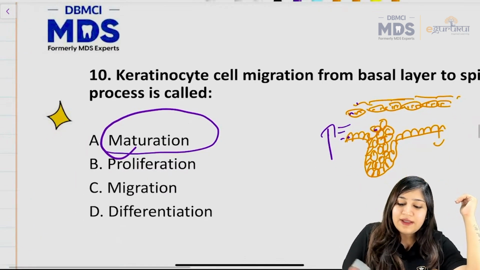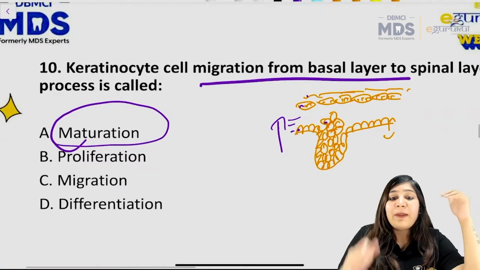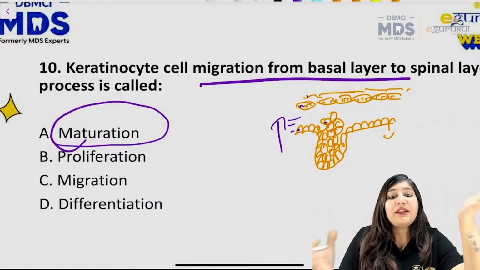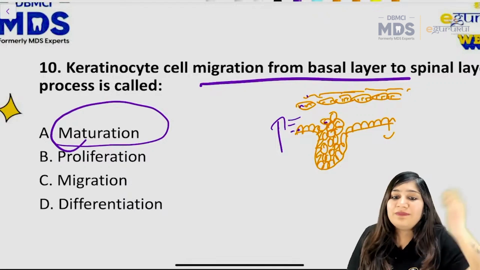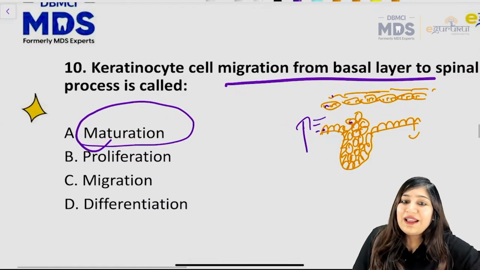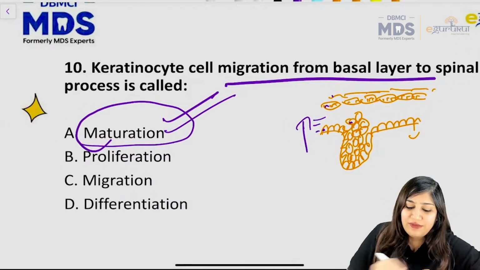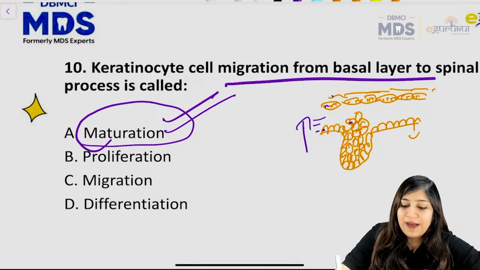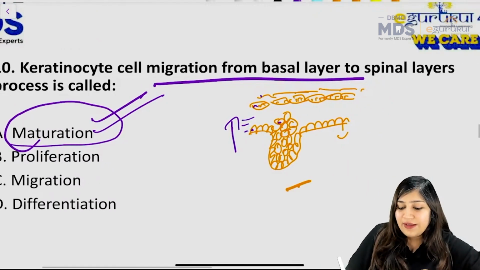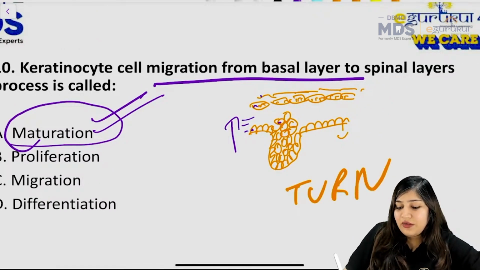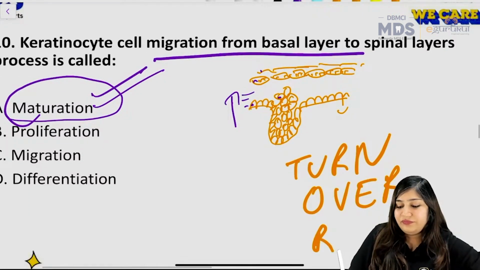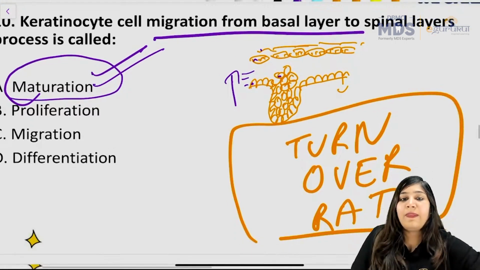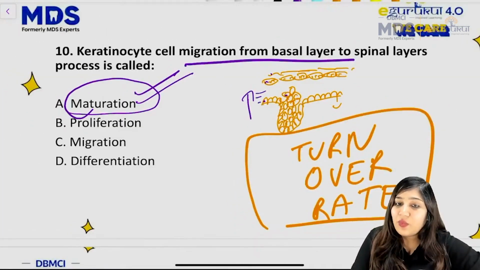So basically, this migration of cells from the basal layer to the superficial layer, replacing the cells that have been shed off, is known as maturation. And the time taken for this travel is known as turnover rate.